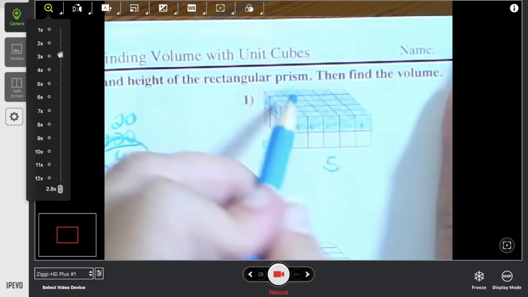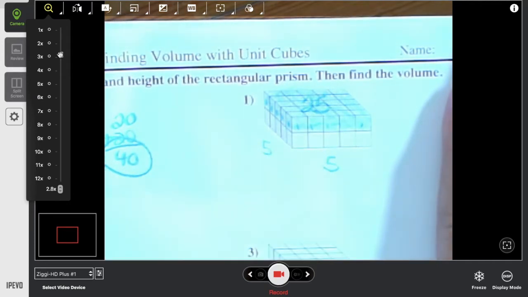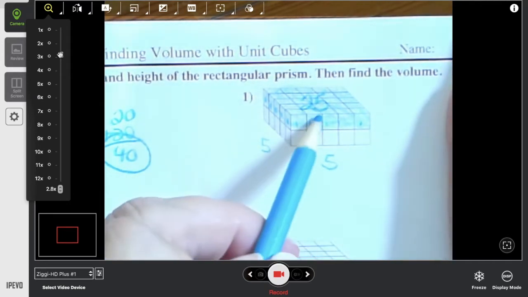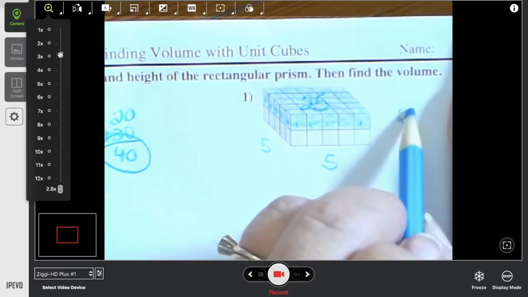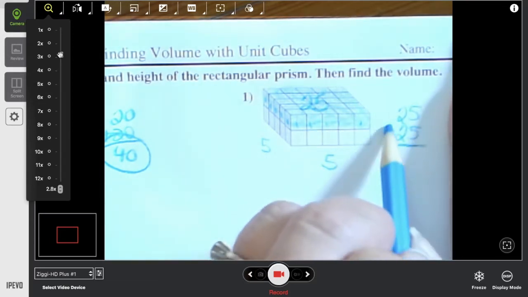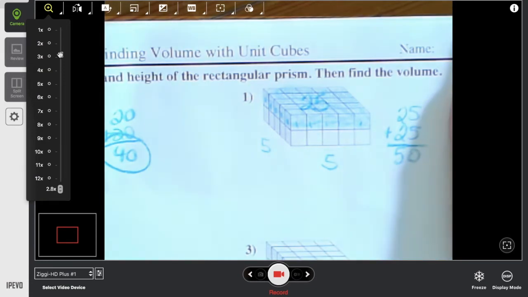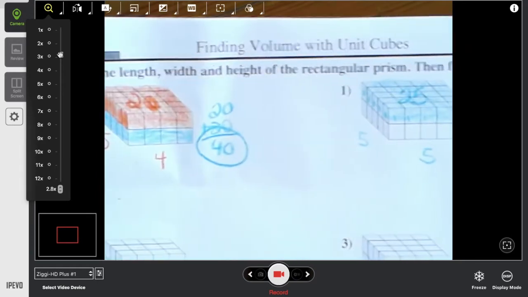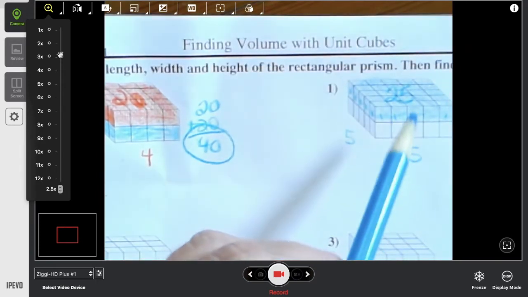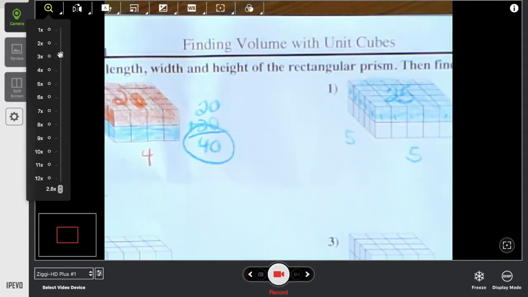So this layer is made up of 25 cubes altogether. And since there's two layers on top of each other, I see 25 and 25, which is 50. The volume of this rectangular prism is 50 cubic units. So they look very similar, but this volume is larger because it has another layer.